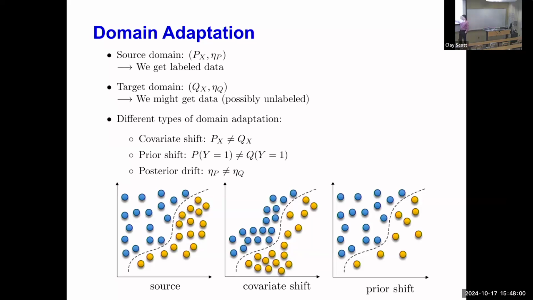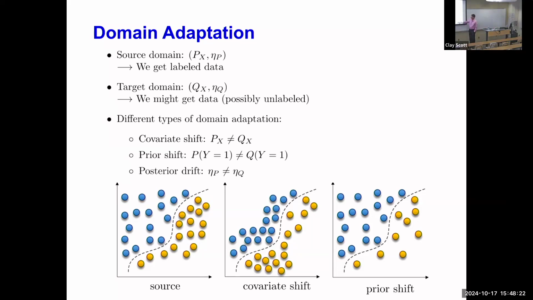Let's say here's your source distribution. So in covariate shift, the X marginal changes. The decision boundary stays the same because the posterior isn't changing. The posterior is what determines the decision boundary, but the X marginal changes. So your data might look like this.